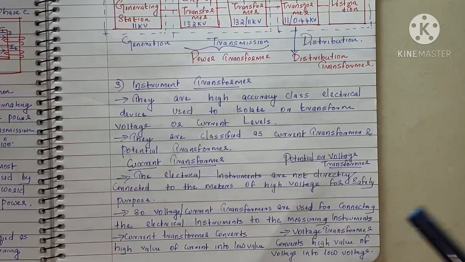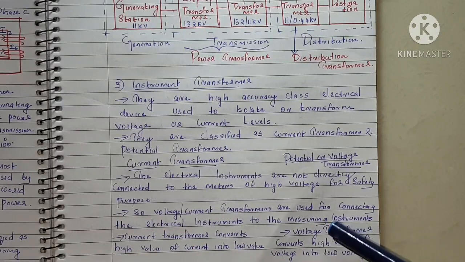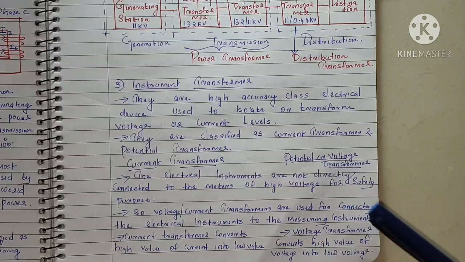So voltage as well as current transformers are used for connecting these electrical instruments to the measuring instrument. This current transformer converts a high value of current into a low value, and this voltage or potential transformer converts a high value of voltage into a low voltage value.